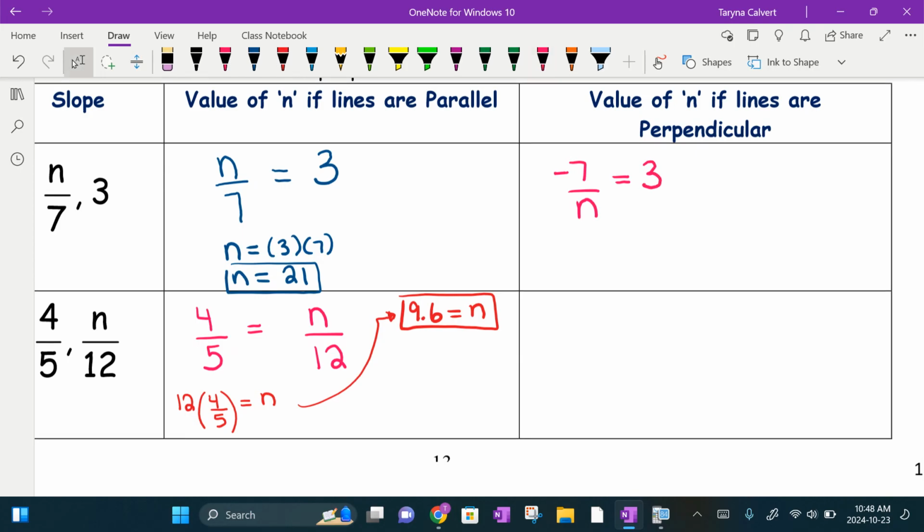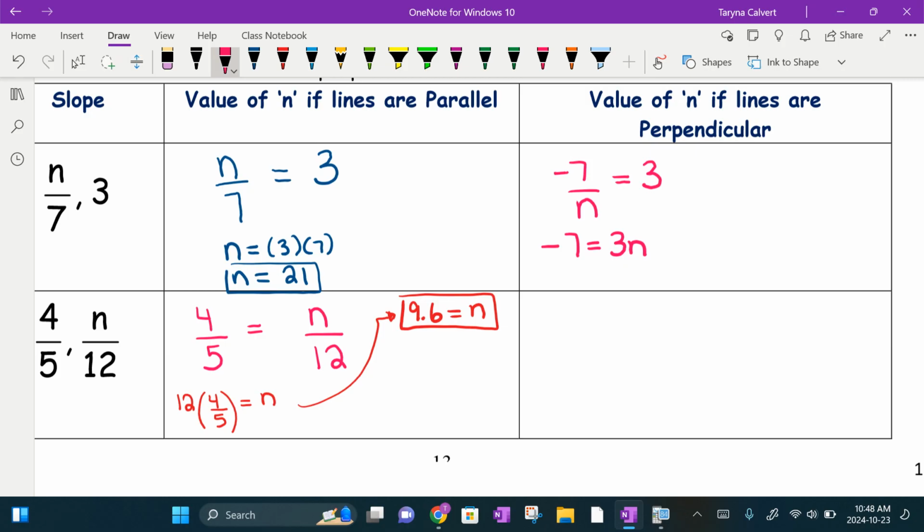Right, so then, solving for n, we can multiply the n across. So then I get negative 7 equals 3n. And technically, guys, can we use our general form knowledge to be able to get rid of this fraction? Because technically, aren't we just multiplying both sides by n?